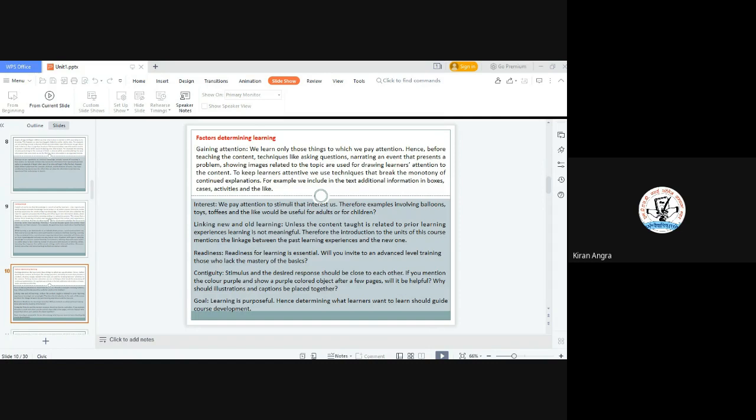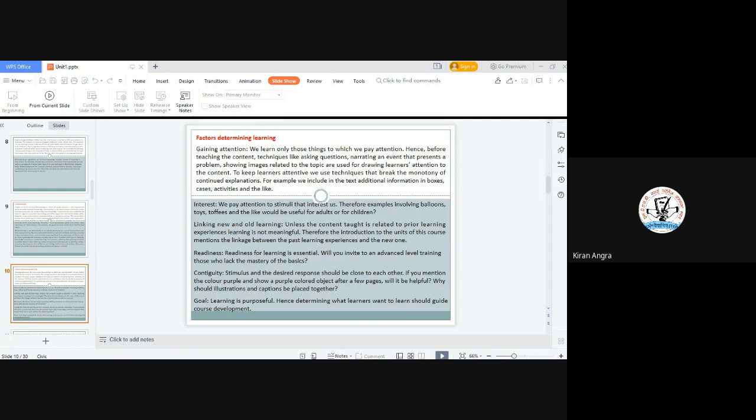So I have started on the factors which impact learning. This is very important. We are learning everything because the ultimate aim is to design instructional material.